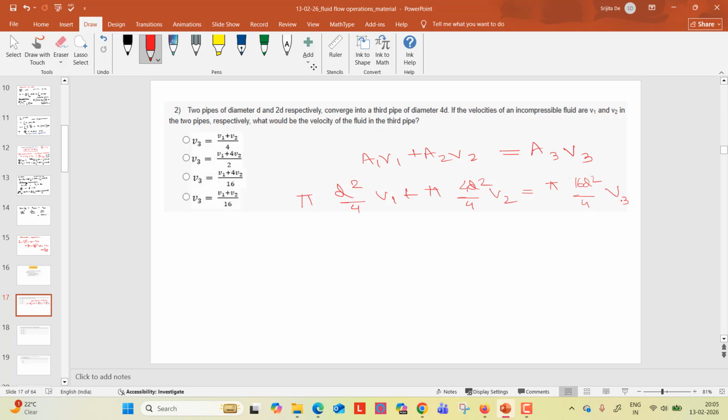Pi can be cancelled out, D square can be cancelled out. So we are cancelling pi D square from everywhere. What is left is V1 by 4 plus V2 equals 4V3, right?